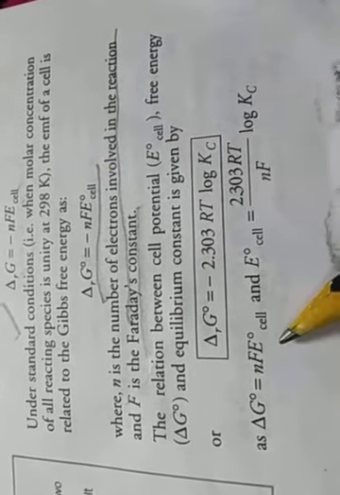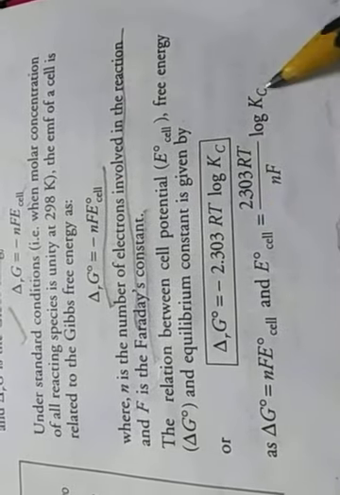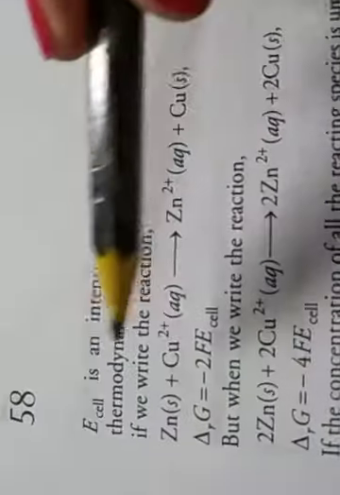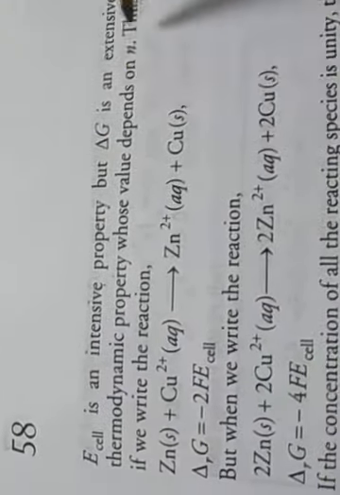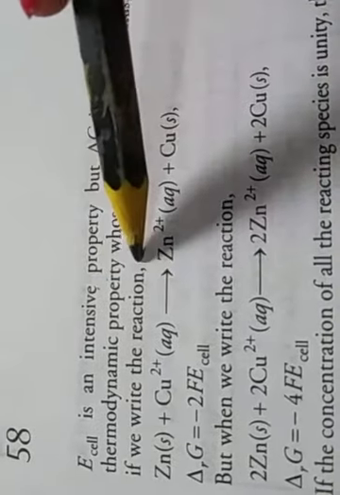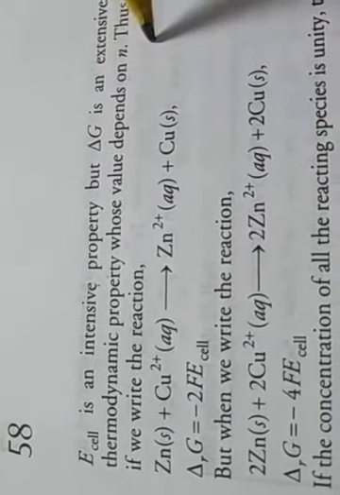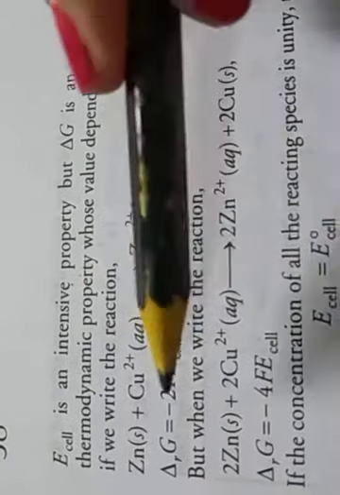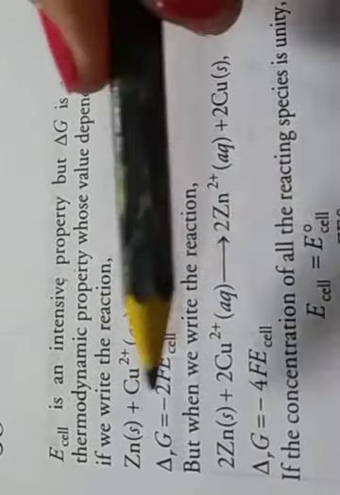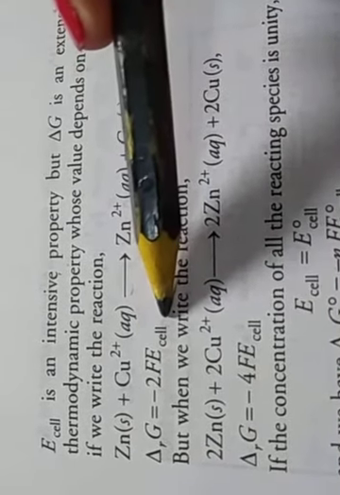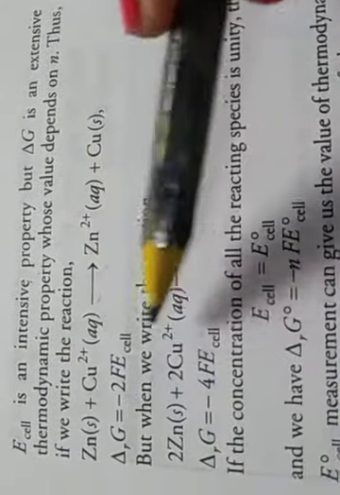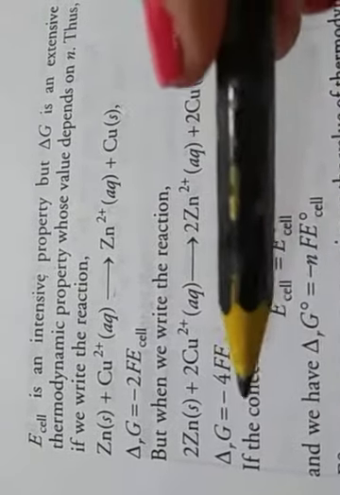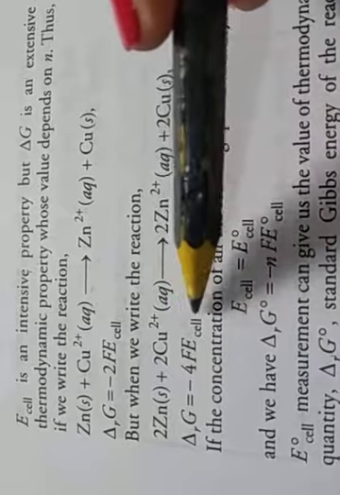Thermodynamically, E cell is an intensive property, but delta G is an extensive thermodynamic property, whose value depends on how the equation is written. For the Daniell cell equation, with 2 electrons, delta G is equal to minus 2F E cell. But when we write the equation with 2 electrons gained and 2 electrons lost, delta G is equal to minus 4F E cell.